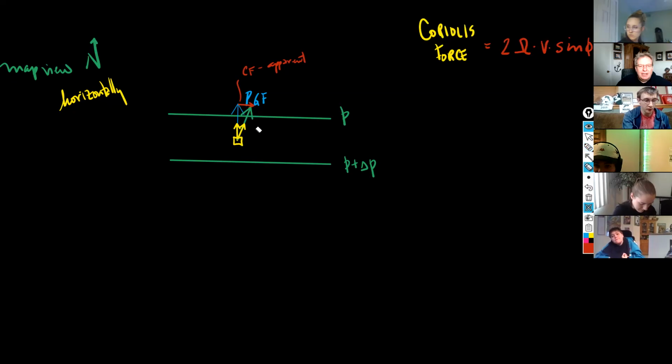This is where it gets fun, and I wish I could do an animation. If the new velocity is this, which way does the Coriolis force work now? What does rule number 2 say? The Coriolis force always acts to the right of the direction of motion. Look at the Coriolis force, it's always changing.